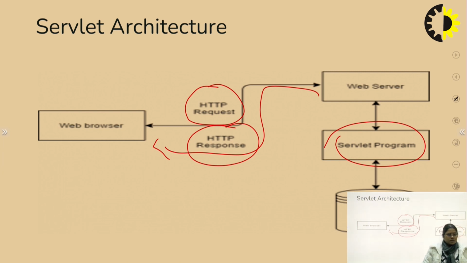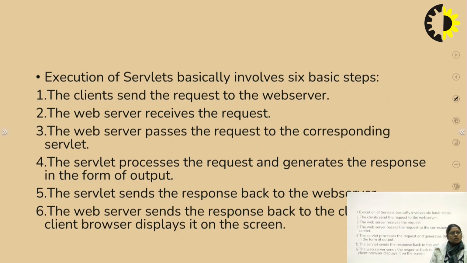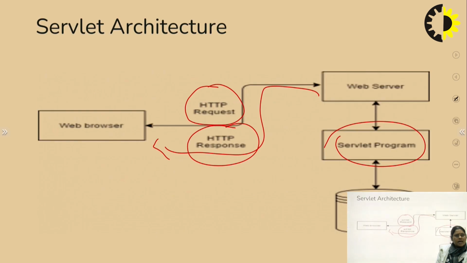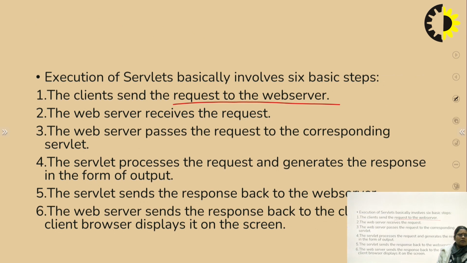So when we have to execute these, the whole process involves 6 basic steps. Number 1, the client will send the request to the web server. As I discussed in the previous slide, in the first step the web browser will send the HTTP request to the web server.